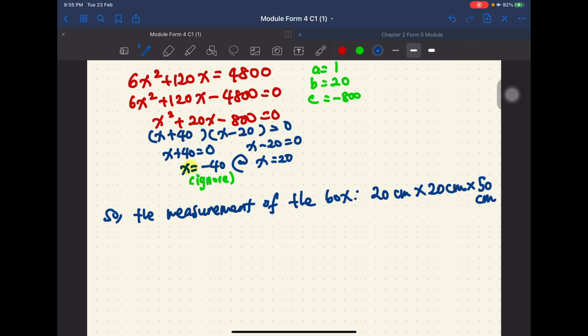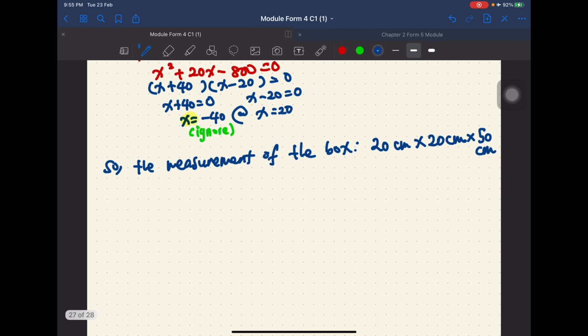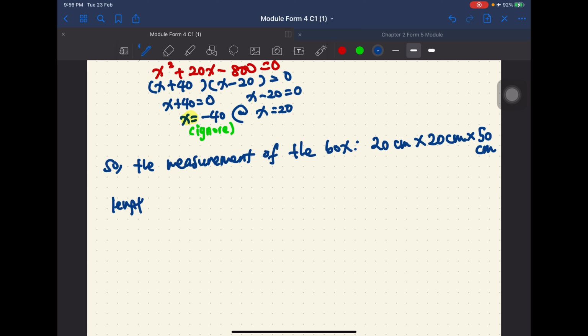Okay, next, dia kan nak cari apa tadi, frame kan. Okay, so nak cari frame, so kita cuba kira berapa length of the edges of the box.